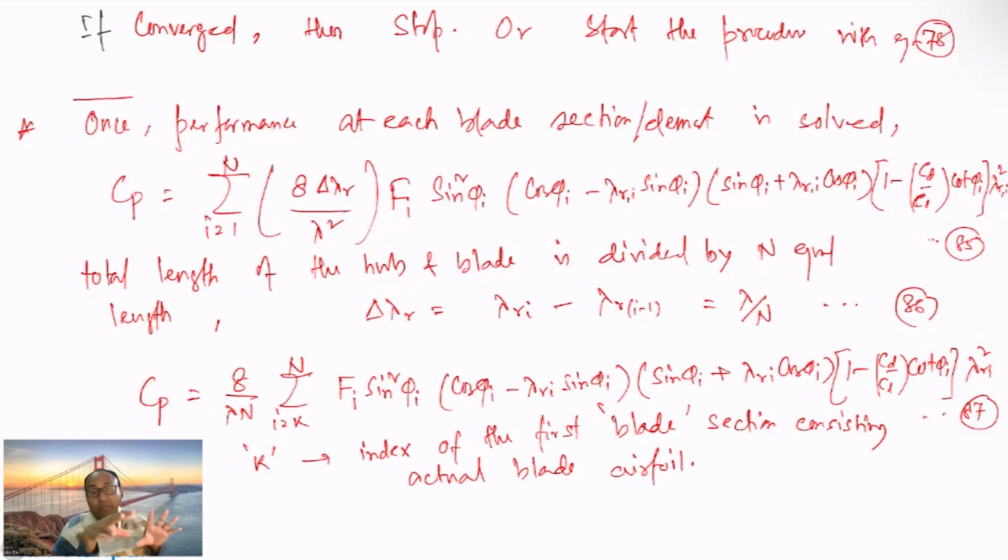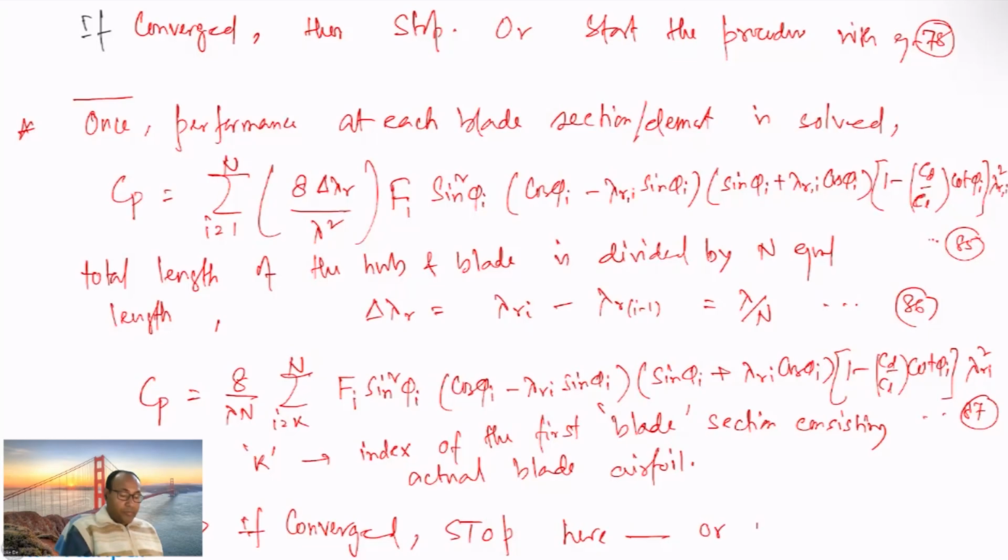Now if the design procedure is complete, if all the parameters are within the acceptable tolerance limit and the iterations have converged, then we can stop here, or we need to repeat this design calculation once again so that you get this design data.